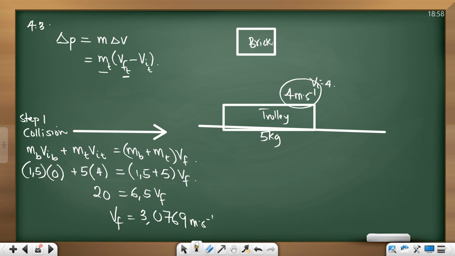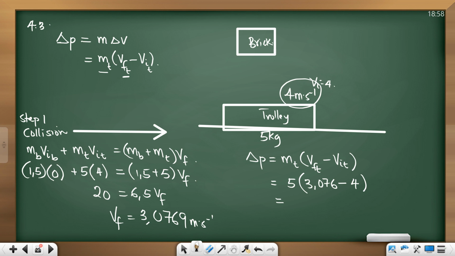But I'm not done. I need to now calculate the change in momentum. Mass of the trolley, final velocity of the trolley, minus initial velocity of the trolley. What's the mass of the trolley? 5. What is the final velocity? 3,076. What is the initial velocity? 4. Can somebody give me an answer? And it makes sense. Our answer would be negative.